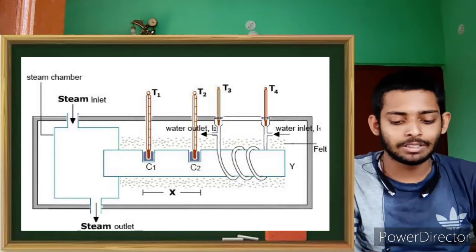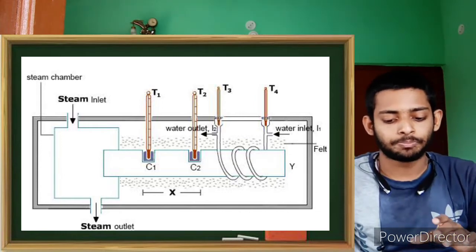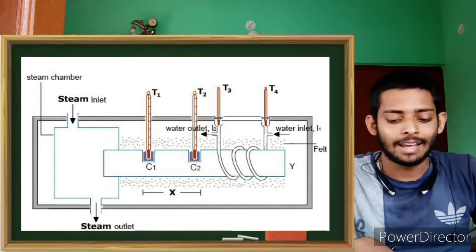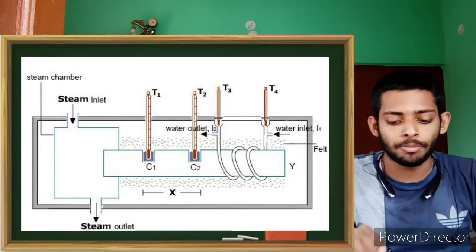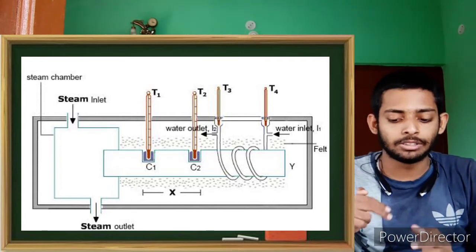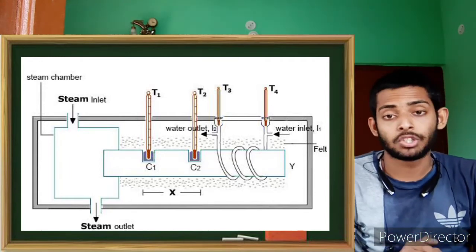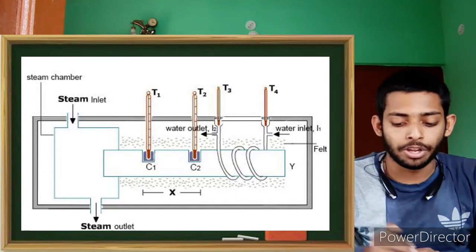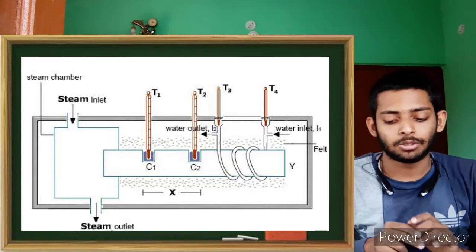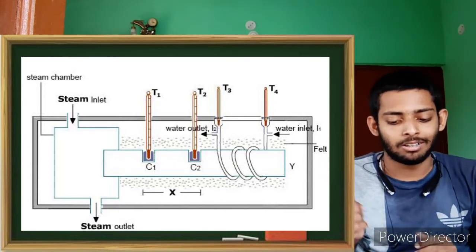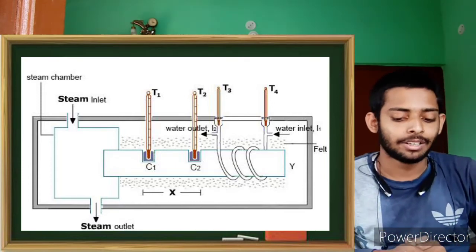Here in this image we have steam on the left side, and we have installed four thermometers, and you can also see a spiral pipe made of copper in which we are pouring water. So basically there are four components in this image.